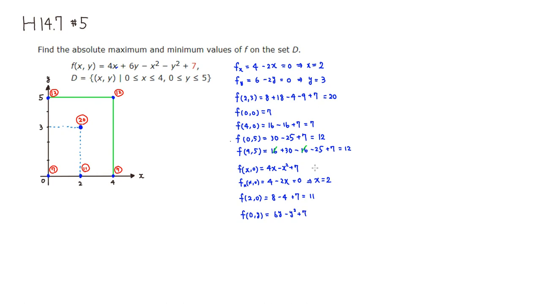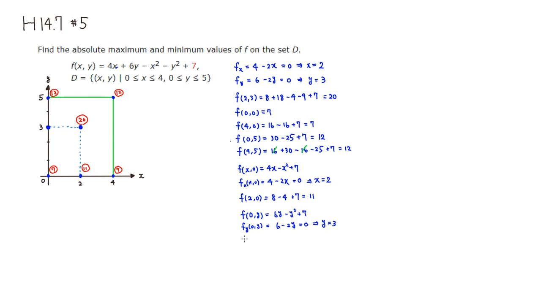Then if you take the derivative with respect to y, you get 6 minus 2y. If you set that equal to 0, you can see that y is equal to 3. So we're looking at this point there, y equals 3.